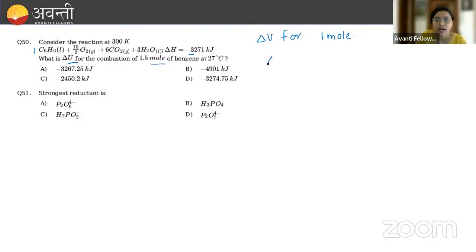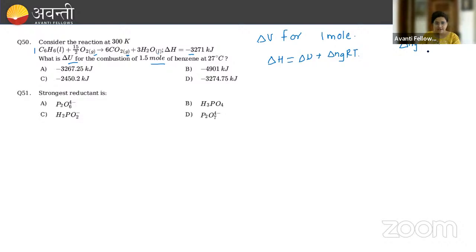So you know the formula, delta H is equal to delta U plus delta Ng RT. Here delta Ng is how much? See here, this is gas. This is liquid, so don't worry, this is gas. Delta Ng is equal to number of moles of product minus number of moles of reactant.